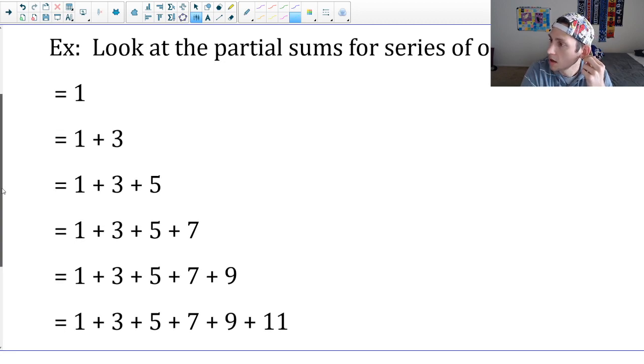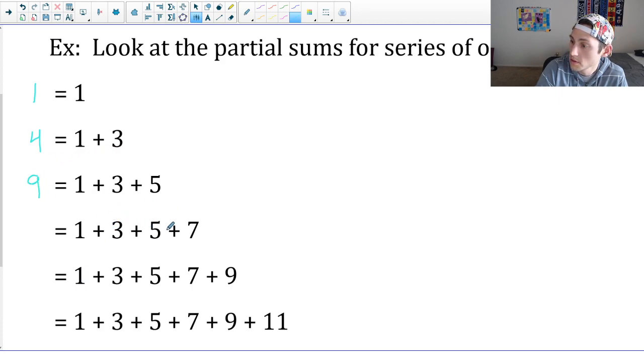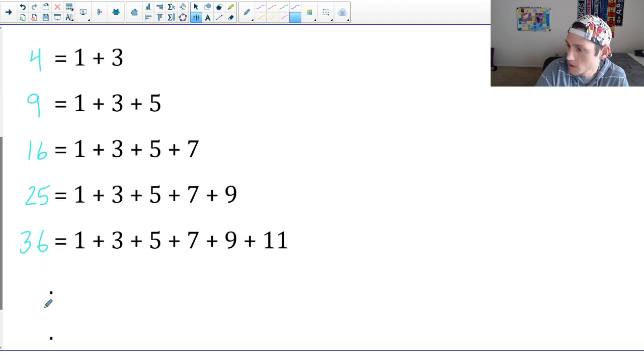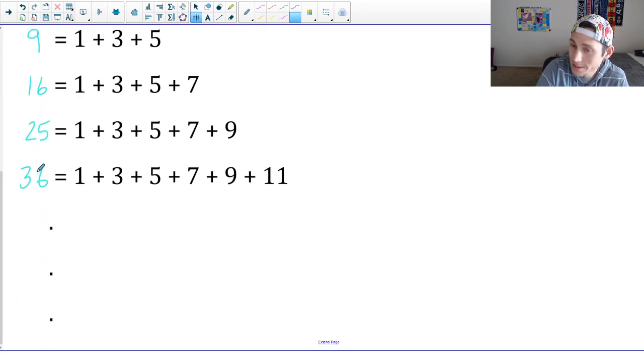Okay, let's look at the partial sums for the series of odd numbers. 1 is 1. 1 plus 3 is 4. 1 plus 3 plus 5 is 9. 1 plus 3 plus 5 plus 7 is 16. 1 plus 3 plus 5 plus 7 plus 9 is 25. 1 plus 3 plus 5 plus 7 plus 9 plus 11 is 36. Okay, and so on, if we continued this.